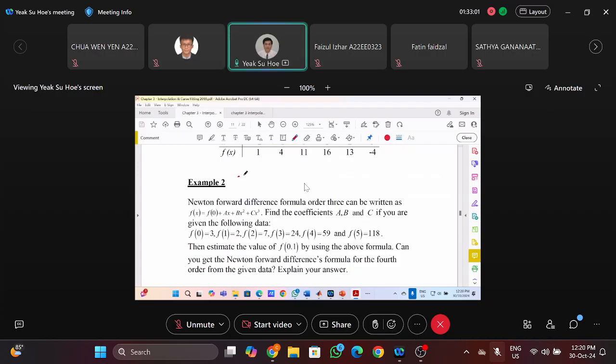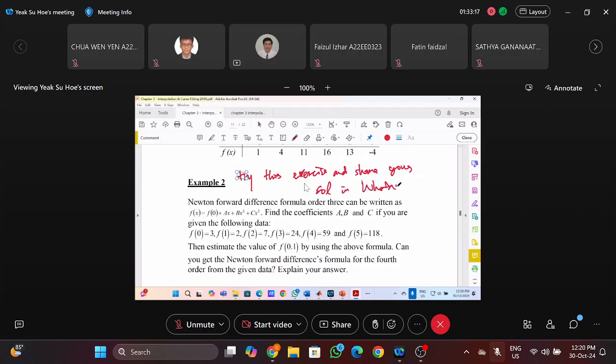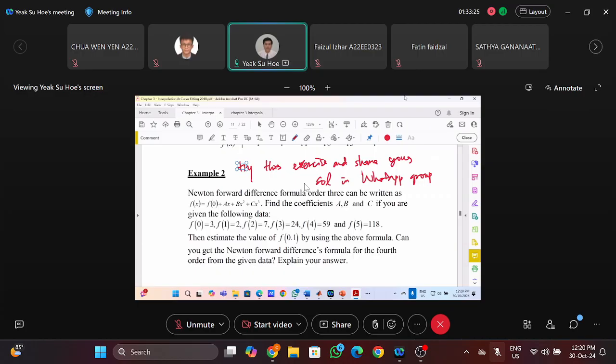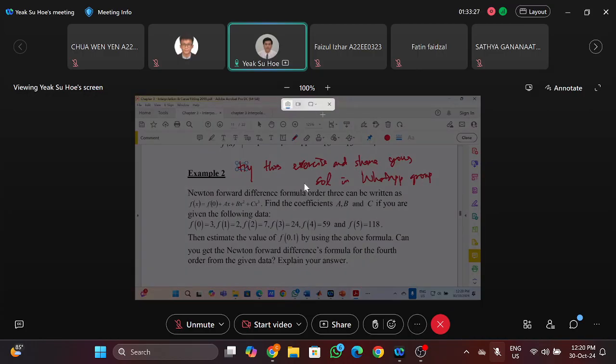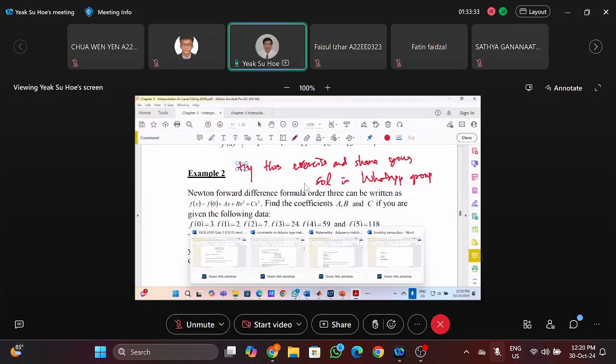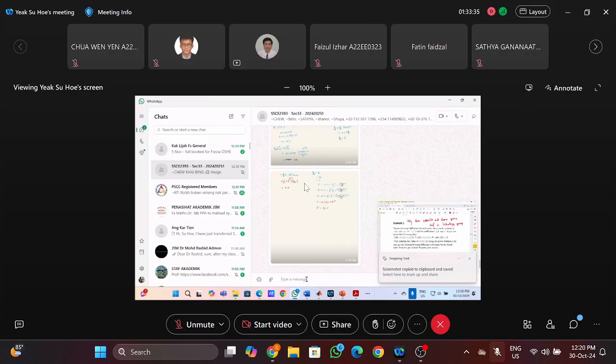Okay, try this exercise and share your solutions in the WhatsApp group. Okay, this is quite a good problem, sir. So this one I will snapshot in the e-learning.